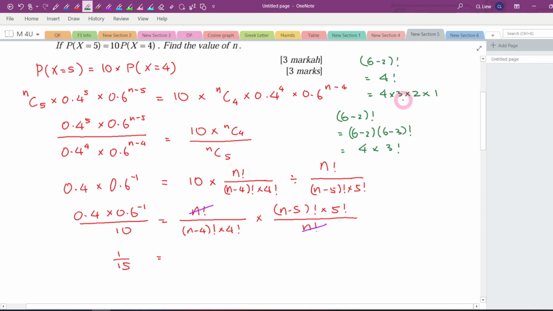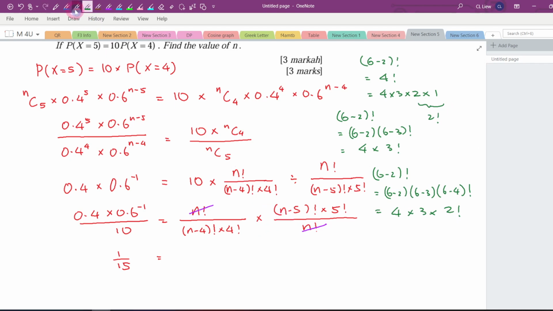Is it correct? Yes. Or I can write it this way: 6 minus 2 times 6 minus 3 times 6 minus 4 factorial. Is it correct? Let's see. This is 4 and this is 3. This is 6 minus 4, which is equal to 2 factorial. Yes, this is correct.